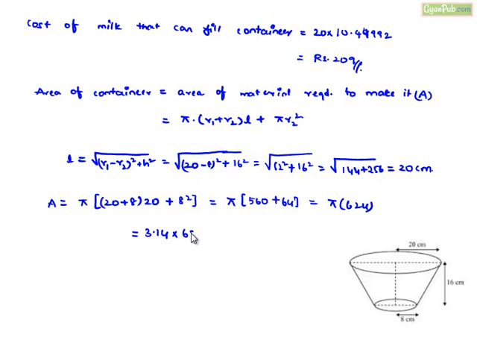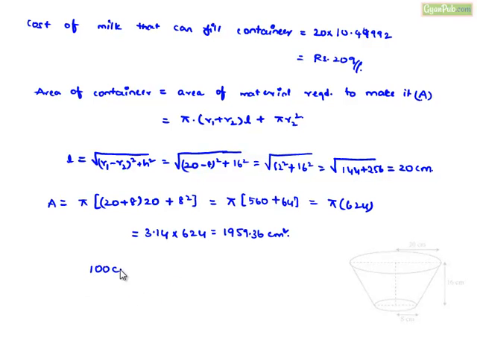Therefore 3.14 into 624 is equal to 1959.36 centimeter square. He has given that 100 centimeter square of material costs rupees 8.